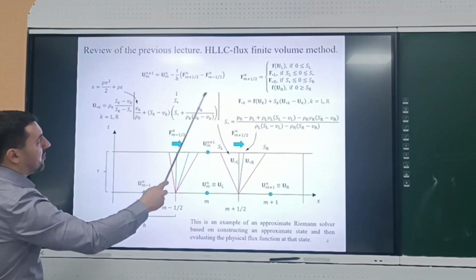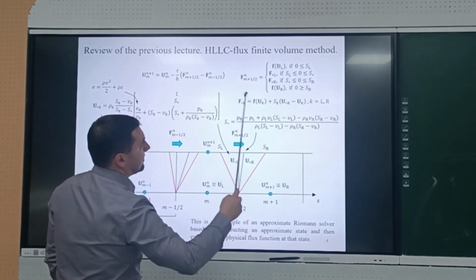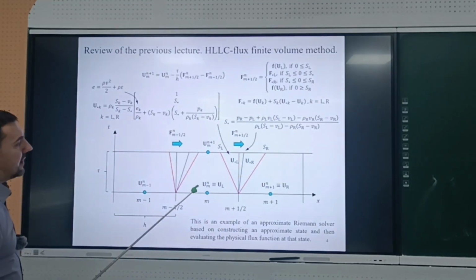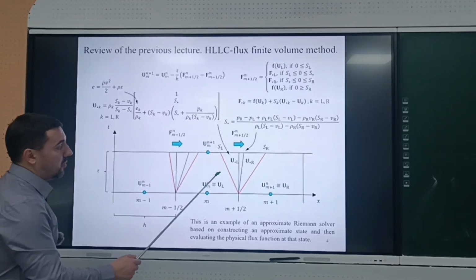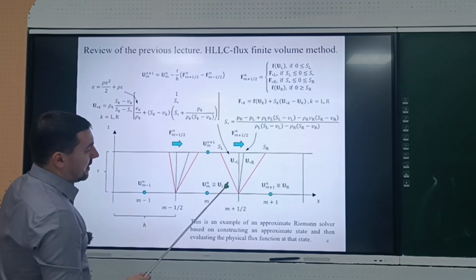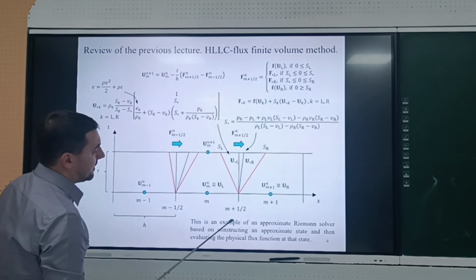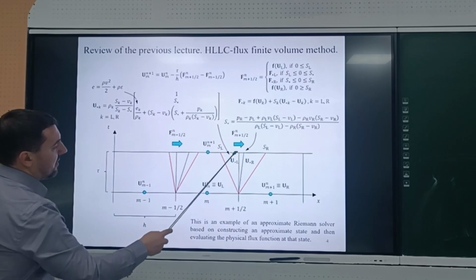So this is the general formula of the finite volume method, right? And the numerical flux is written in this manner. We have four parts, and it is based on the construction of approximate states. We do not solve the Riemann problem exactly. Instead, we say that we have a right wave, left wave, and contact wave, and we have two states, U star L and U star R.